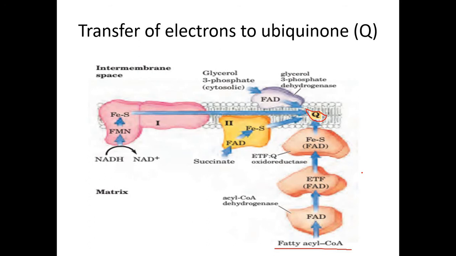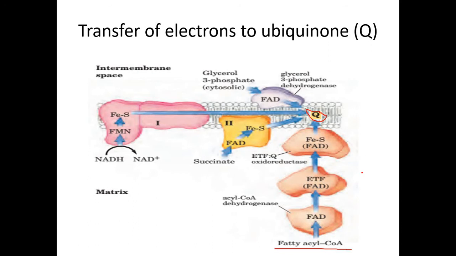First of all, we will discuss the transfer of electrons from NAD or FAD to ubiquinone, which is written as Q. Q stands for ubiquinone. NAD or FAD are the two electron carriers that bring electrons from different substrates like glucose, fatty acids or amino acids.